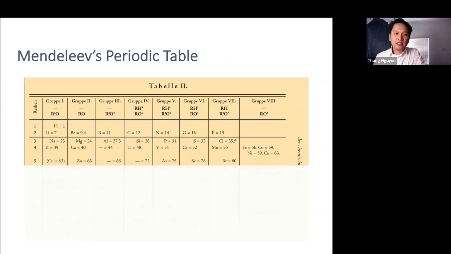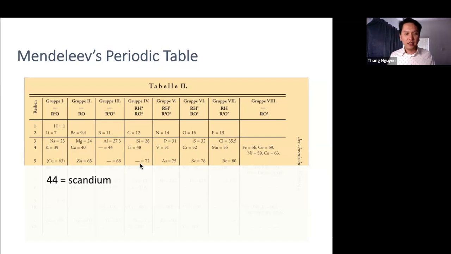Not only does he predict the mass of these unknown elements, but he also predicts that they will have the same properties. That's why they are in the same group. So this element here, he said, will be very much like aluminum. In fact, he calls it beyond aluminum. And then he predicts that this element here is very much like silicon, so he calls it beyond silicon.